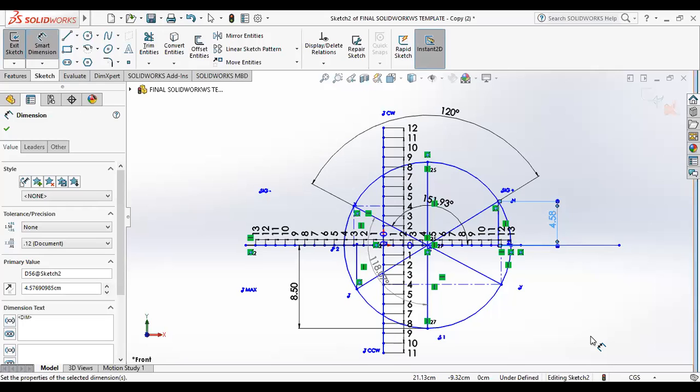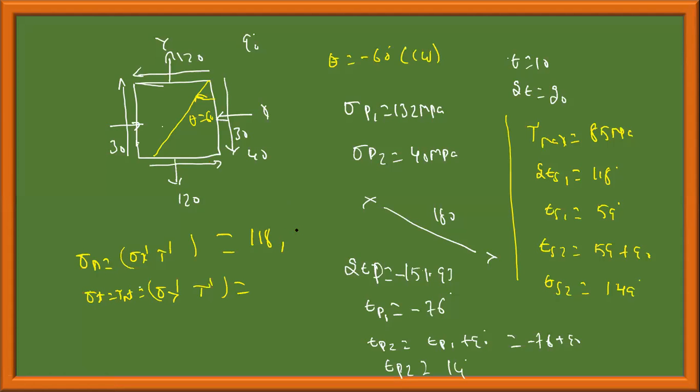Okay. And then sigma y is 28. Okay. 45.8, 28, 45.8 MPa. This is sigma, this is tau dash.